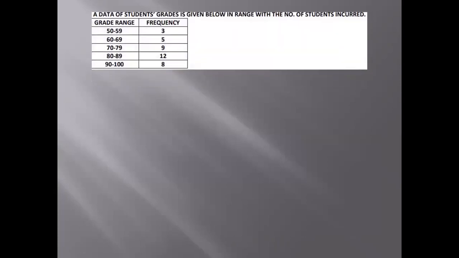Now let's proceed to an example. Data of students' grades is given below in range with the number of students. We have the leftmost column as the grade range: 50 to 59 with a frequency of 3, 60 to 69 a frequency of 5, 70 to 79 a frequency of 9, 80 to 89, 12, and 90 to 100 a frequency of 8.